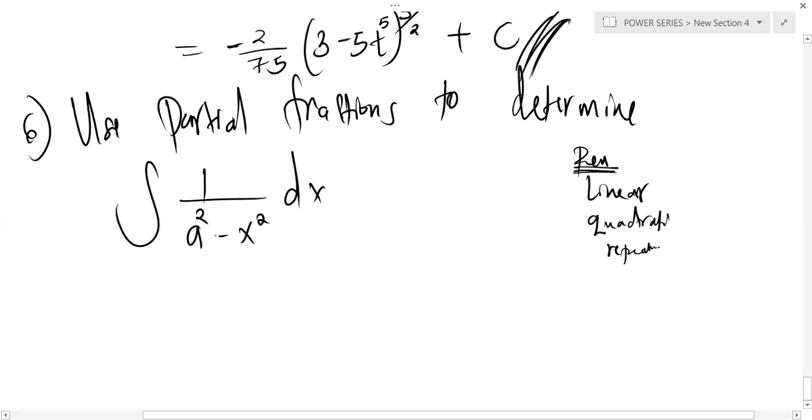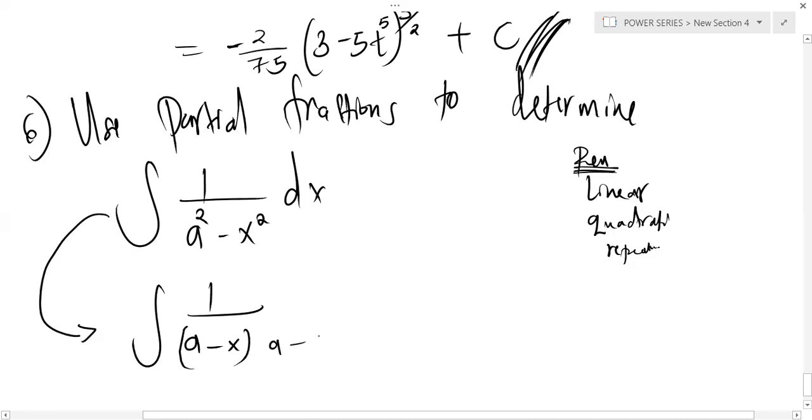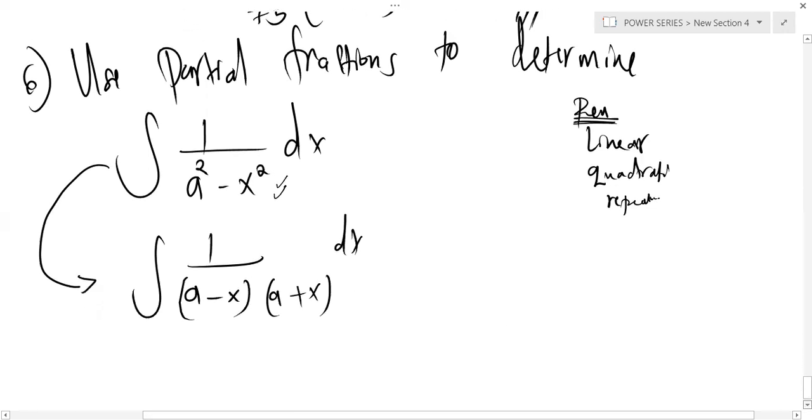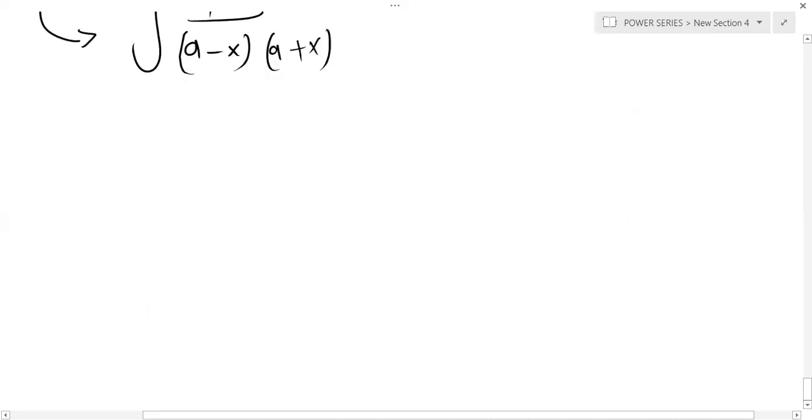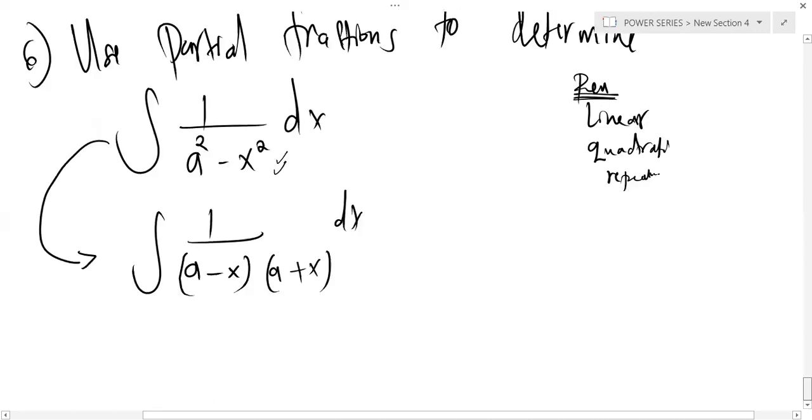Now, looking at this, it is actually a difference of two squares, which I can simply write as the integral of 1 over a minus x, a plus x dx. If we open this up, then we will simply get this. And when you open it up like that, we clearly see that it is linear. So resolving it into its partial, we will resolve it as linear.